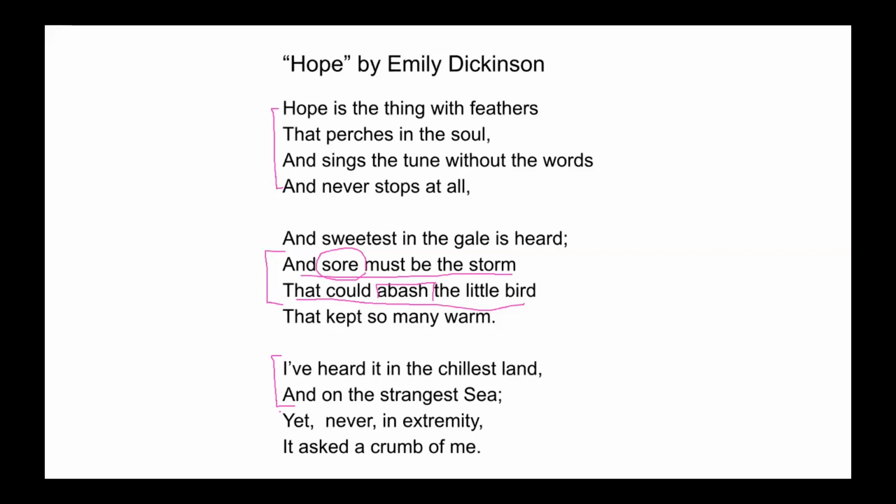But I'm still confused on "yet never in extremity it asks a crumb of me." So in those two lines, basically Dickinson is trying to say that hope is always there, and yet it never asks anything of me. So it's basically saying, I don't need to do anything for hope, but it's always going to be there for me, and it's always going to do stuff for me.